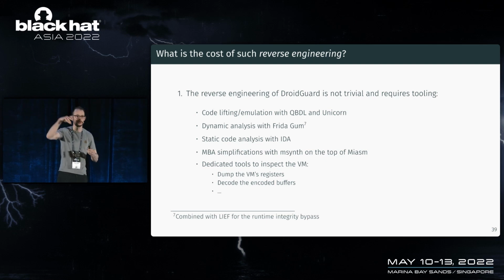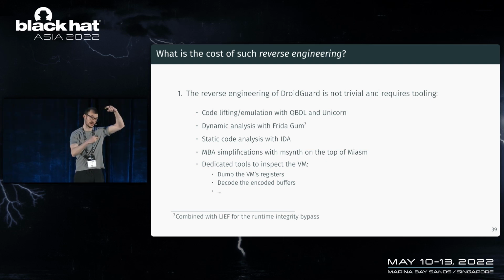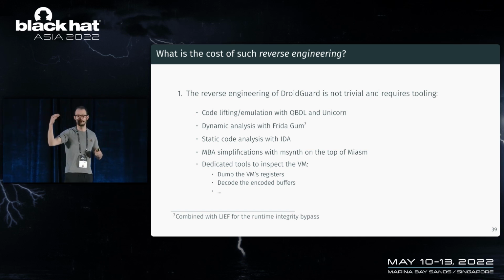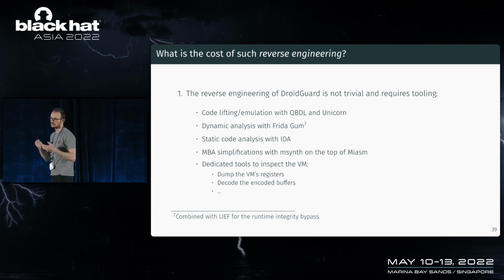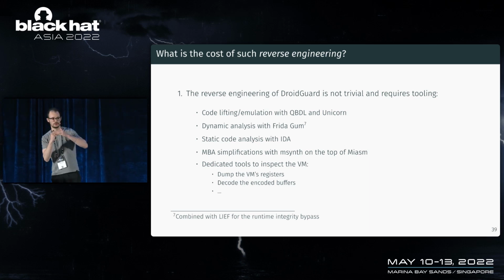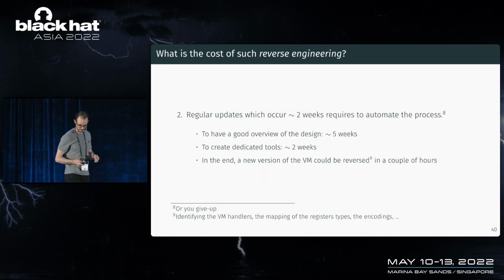So instead of reverse engineering a complex function, I just extract the piece of code that I was interested in, and I just run it outside of DroidGuard. And doing so, I did not have to reverse every instruction. Basically, I just have to run the correct piece of code.